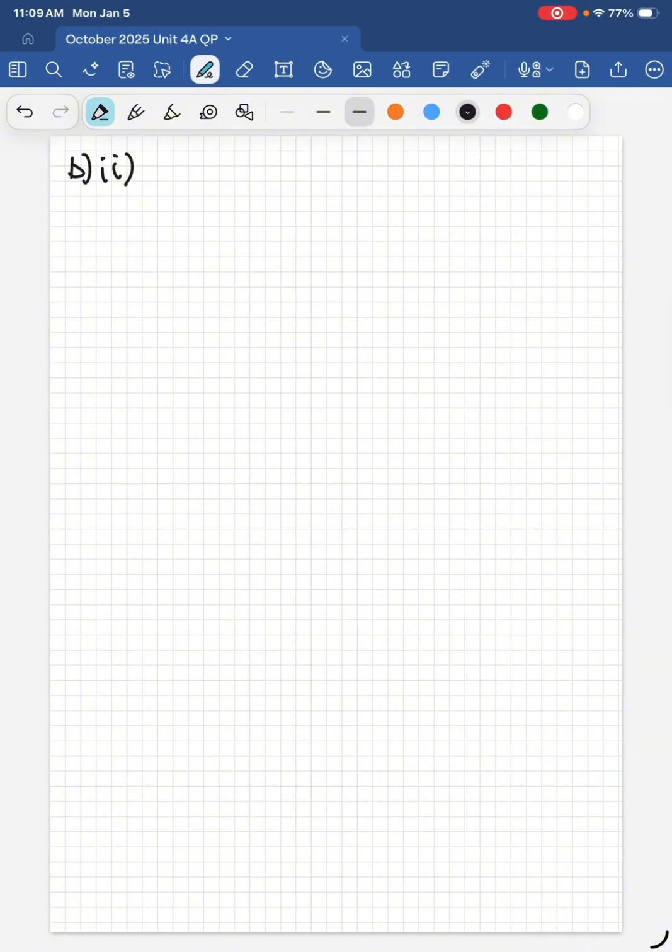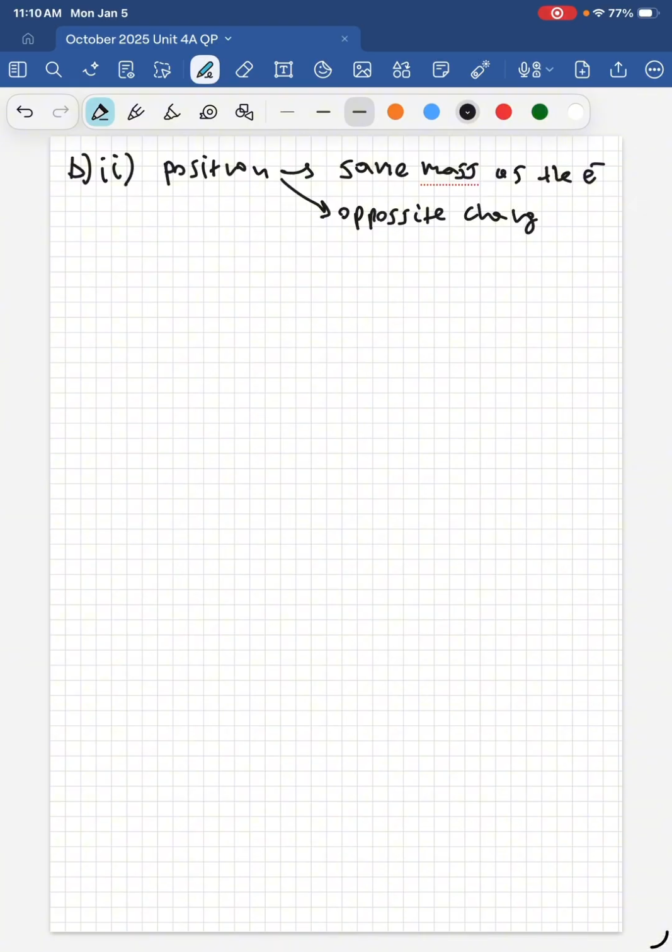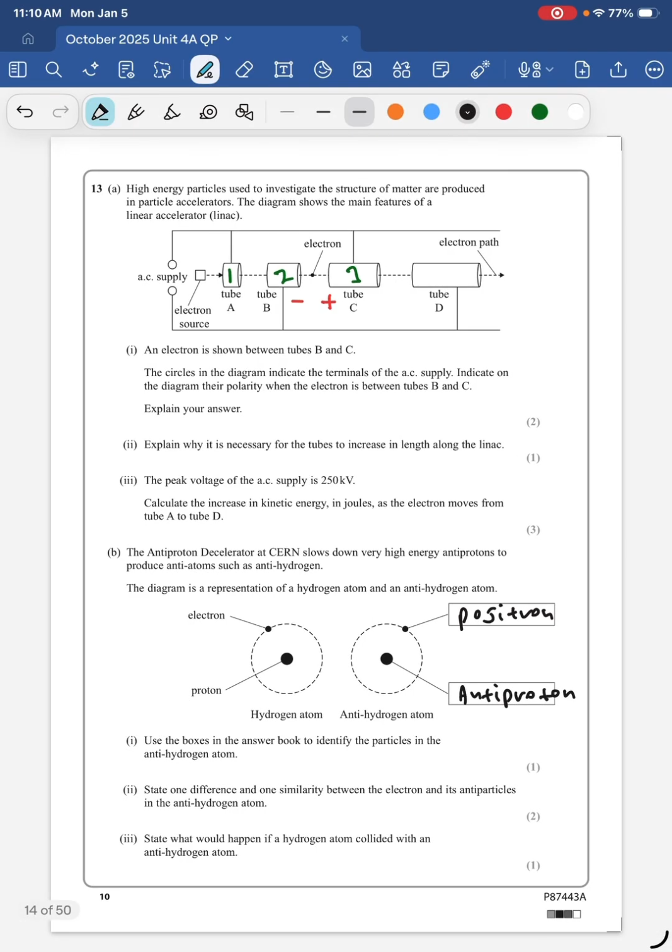The positron has the same mass as the electron, and it has opposite charge to the electron. That's the answer.